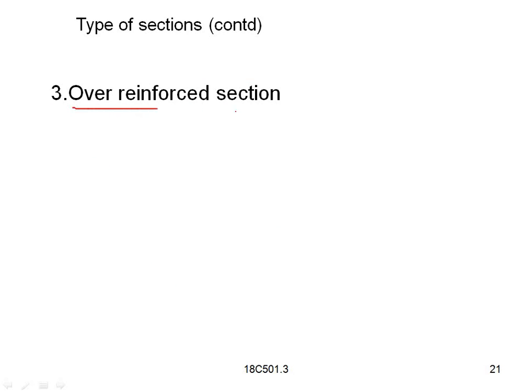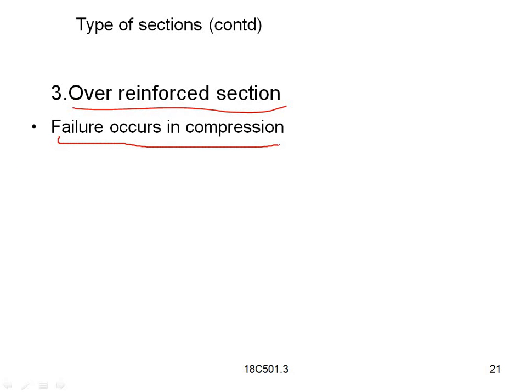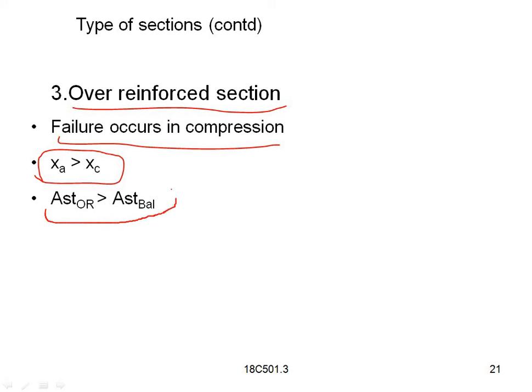Next one is over reinforced section. First we have seen balanced, second under reinforced, now the third one is over reinforced. Here failure occurs in compression. XA is greater than XC, that means AST over reinforced is greater than AST balanced.